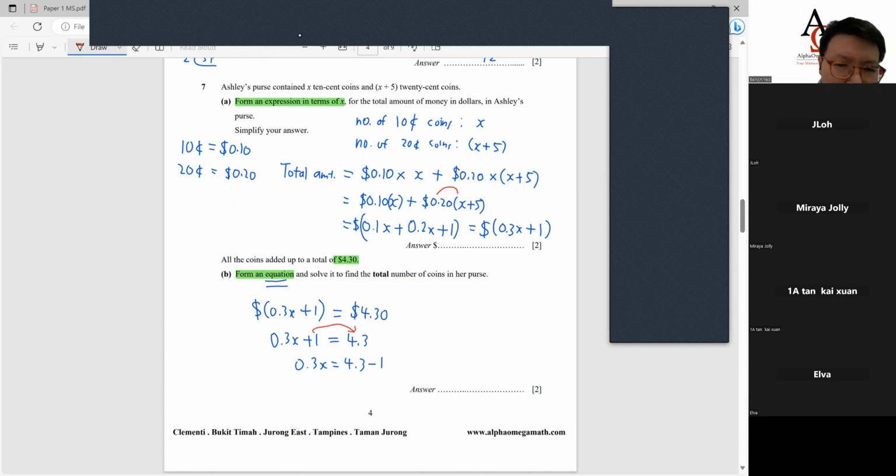And the last two steps, you will get equal to 3.3. X will be equal to 11. 3.3 divided by 0.3 is 11.